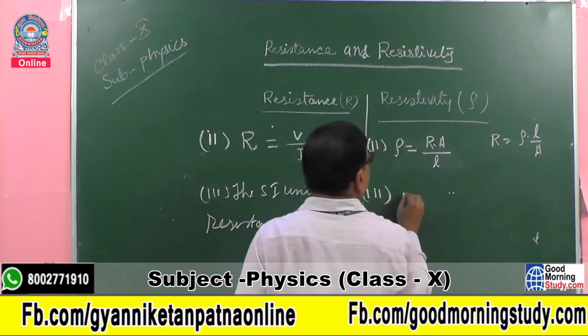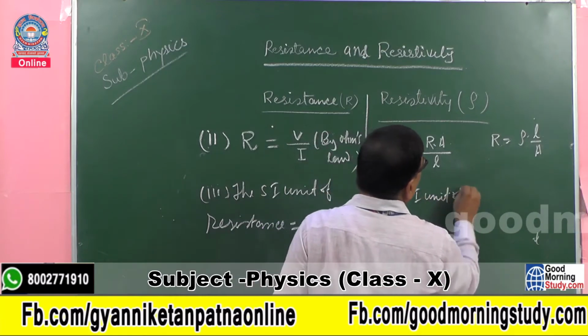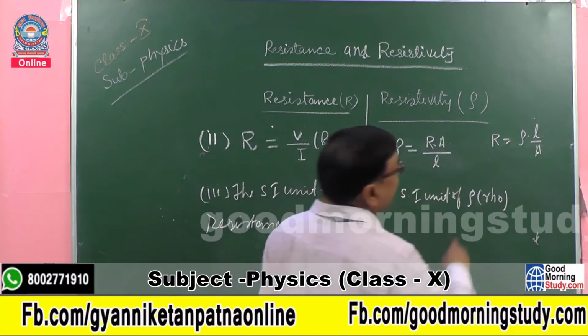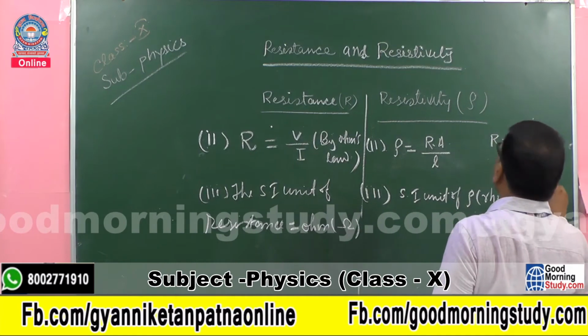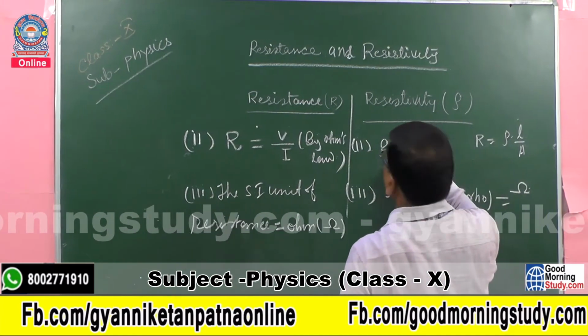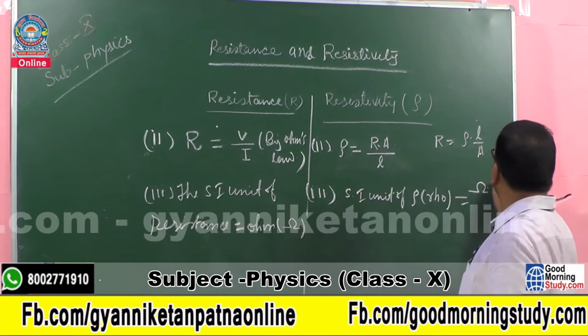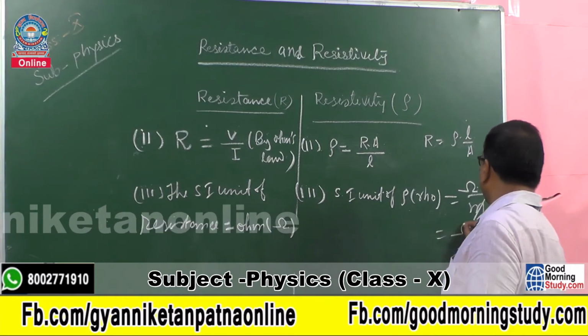So what is the SI unit of rho? Here I have written the symbol, and rho is equal to ohm. SI unit of resistance ohm, meter square divided by meter. So ohm meter.